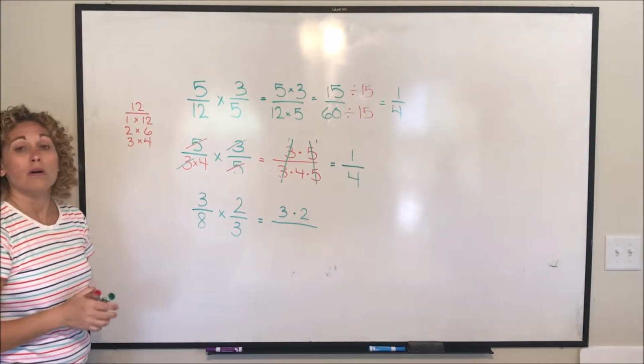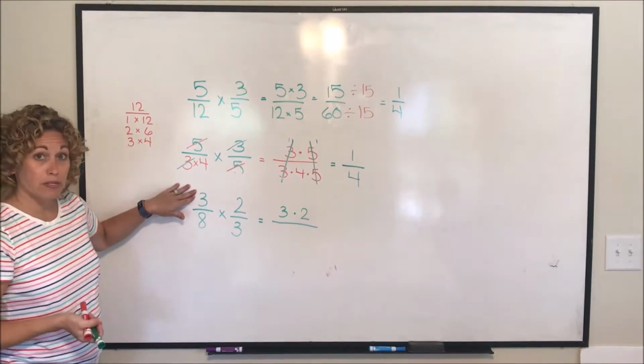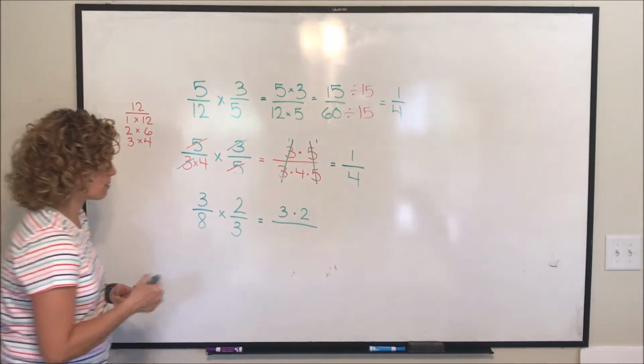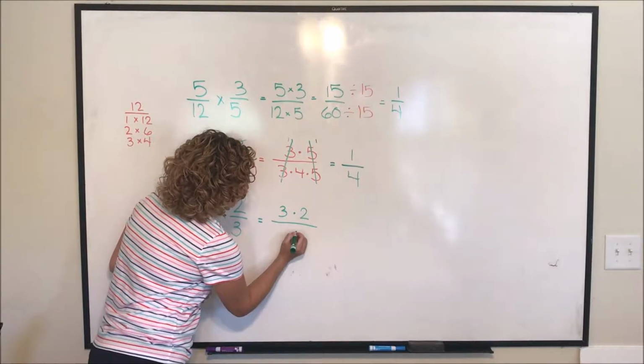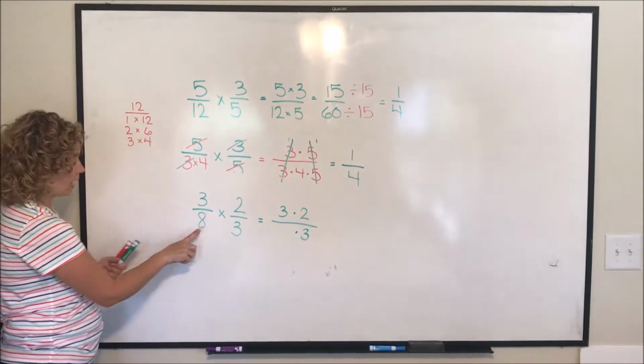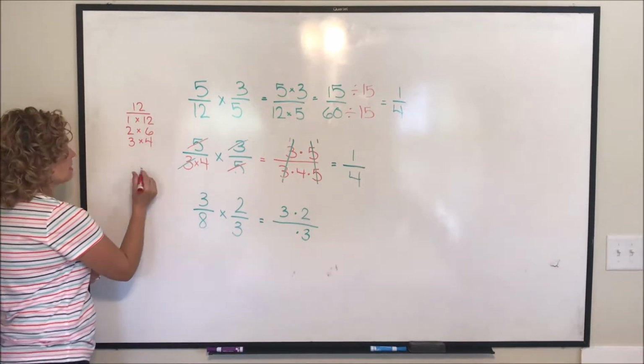All right. What I notice is 3 is a prime number, 2 is a prime number, and 3 is a prime number. So those are not going to change. There's nothing else I can do with those. But 8 is a composite number.